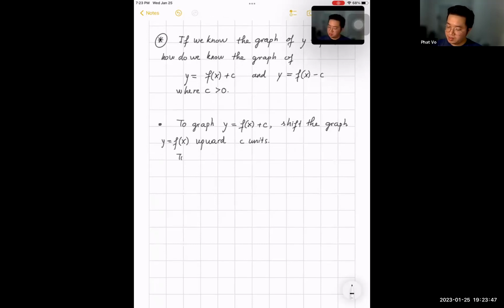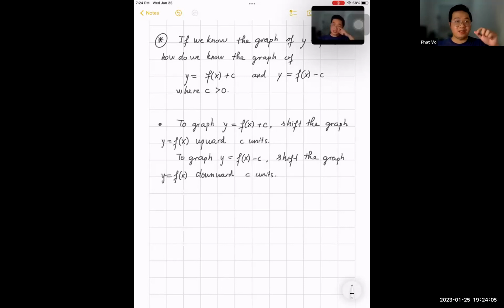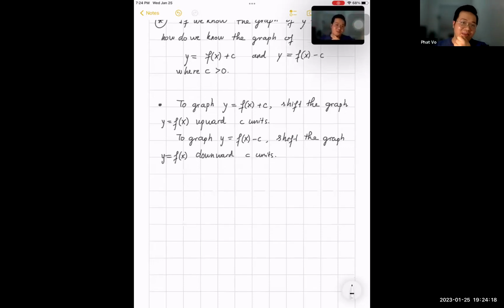To graph y equals f(x) minus c, you shift the graph of the function f(x) downward c units. Easy to remember. When you plus c, you move up c units. When you minus c, you move down c units. That is just the rule for you to remember.